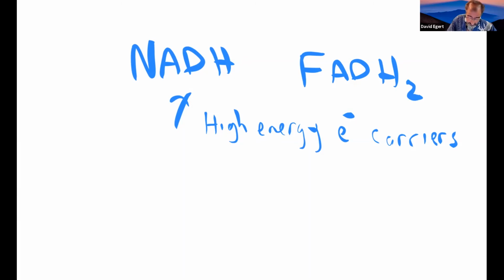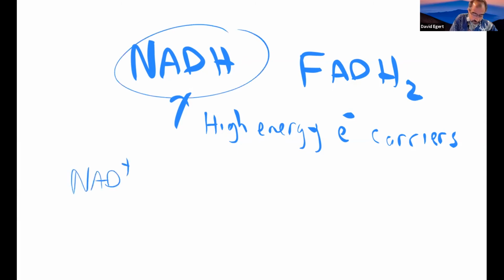The basic idea with these, for instance NADH: you have NAD plus, plus 2 high energy electrons, plus a proton, and it becomes NADH.